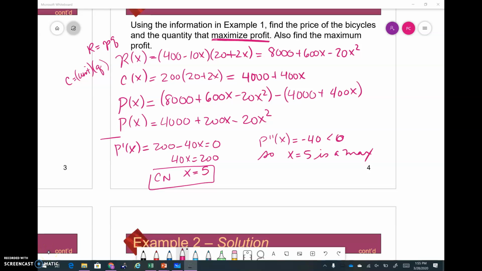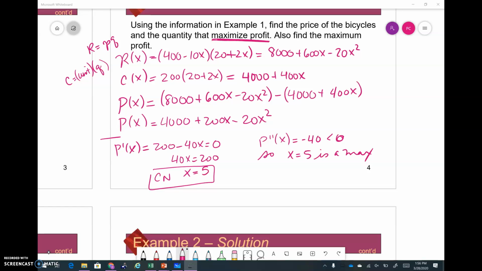All right, if you take the derivative of the profit function, you end up with 200 minus 40x. Solving for x gives us x equal to 5. We can prove that it is a maximum by taking the second derivative. P double prime of x gives us negative 40, which is always negative. So x equal to 5 is a maximum.